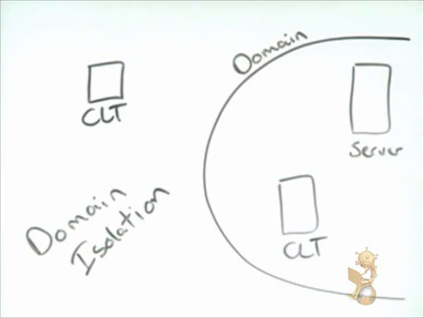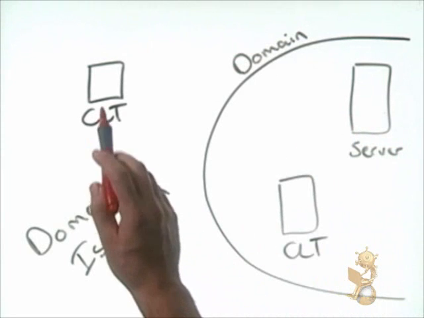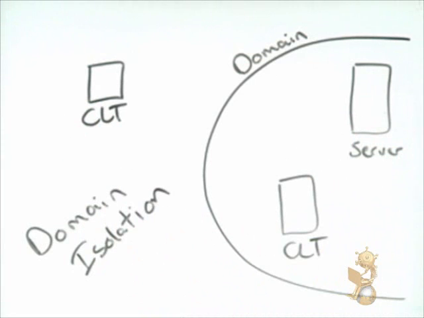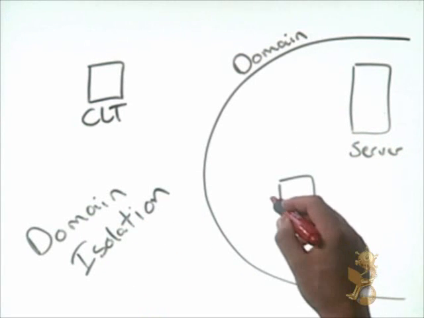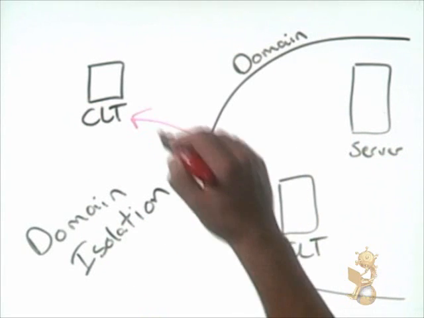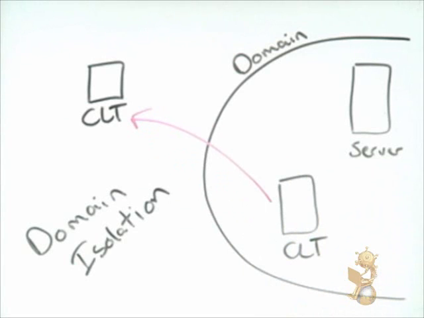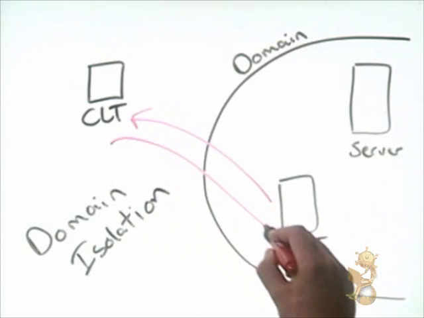When enforced, computers that are members of the domain are isolated from computers that are not a member of the domain. It is important to remember that in domain isolation scenarios, isolated computers can initiate communication with hosts outside the domain, such as web servers on the internet. However, they will not respond when network communication is initiated from hosts that are outside of the domain.